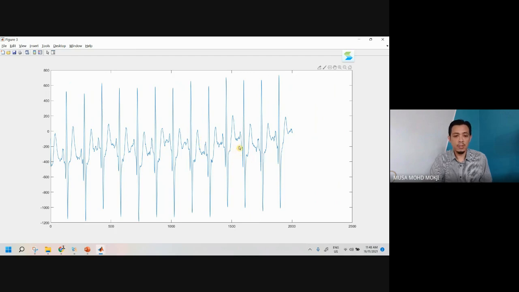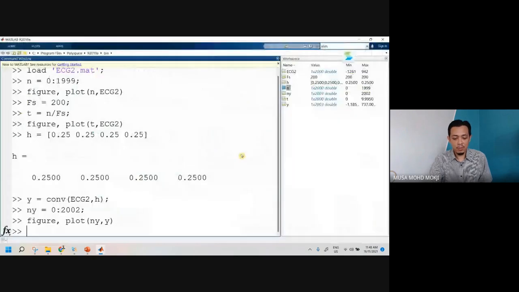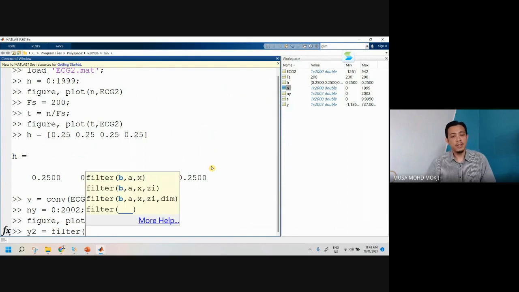So how do you do it? Just do convolution. And you can do the same thing using filter. Let's say this is Y2. Do the filter. Because this is FIR, that B is H, and the A is 1, so we already know that.